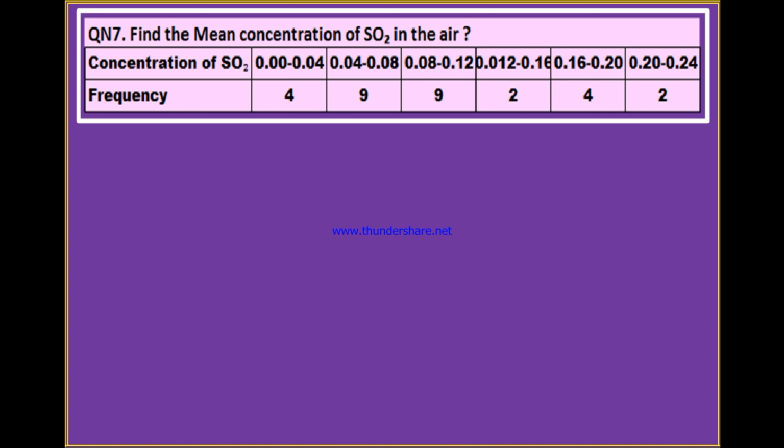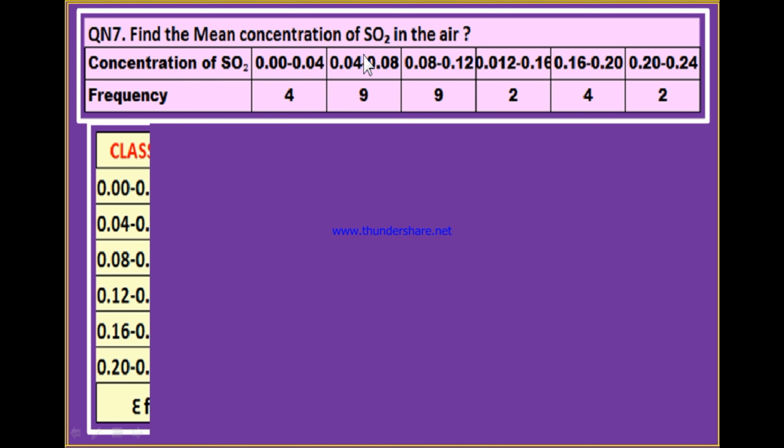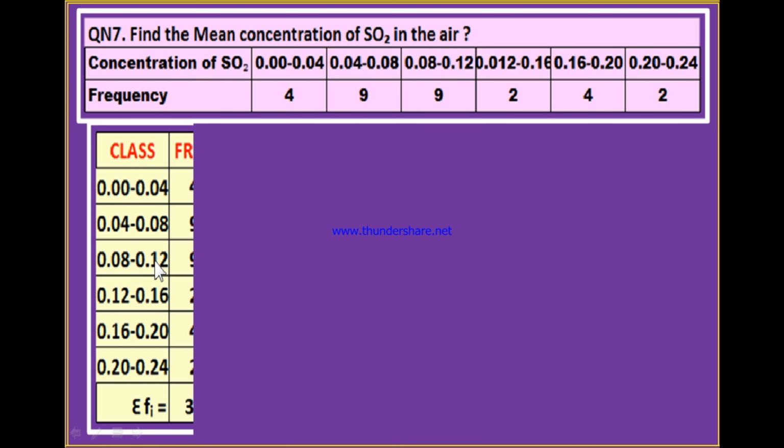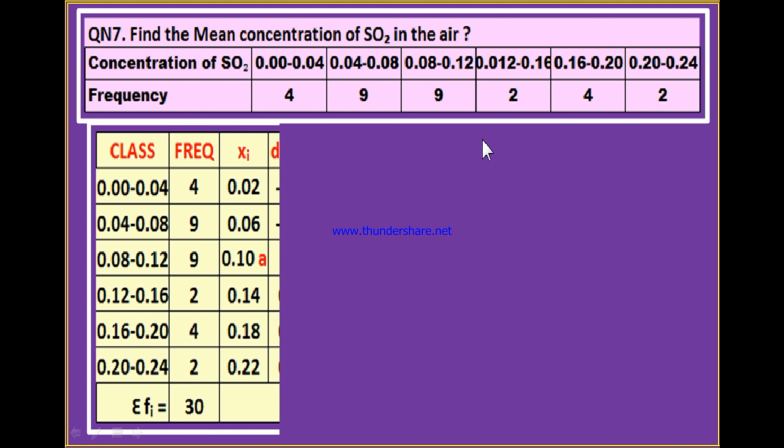Now, in order to solve this question, first of all, we will consider the concentration of SO2, that is the first row, as classes. Let these values be classes and these values are frequencies. Let us form a table now by taking 0.00 to 0.04 as the first class, 0.04 to 0.08 as the second class, 0.08 to 0.12 third class, 0.12 to 0.16 next class, 0.16 to 0.20 the second last class, and 0.20 to 0.24.